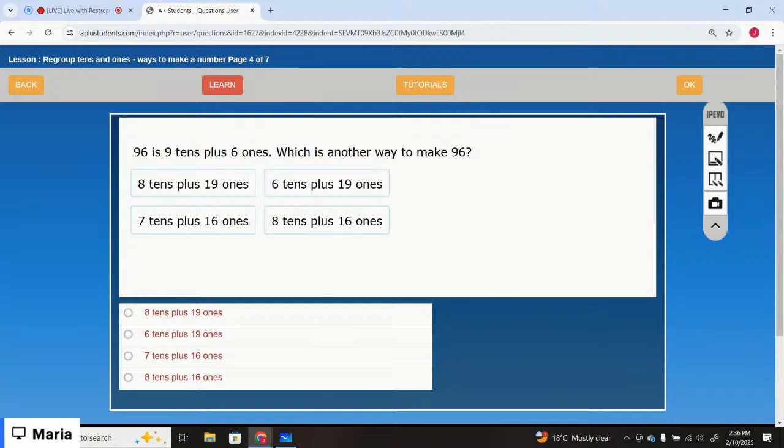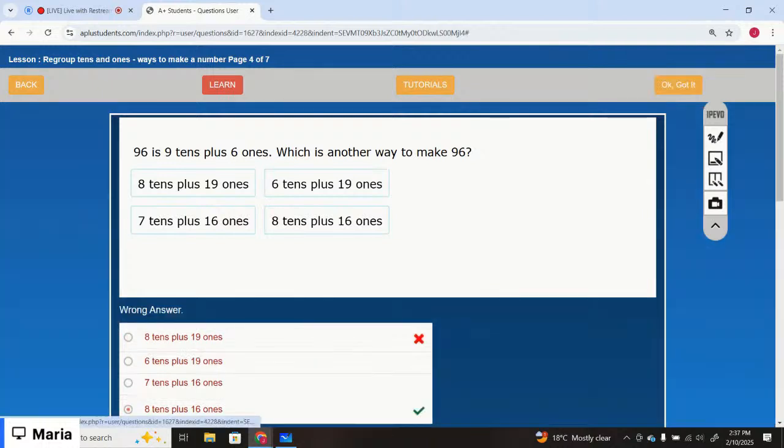Ninety-six is 9 tens plus 6 ones, which is another way to make 96. 8 tens plus 19 ones.